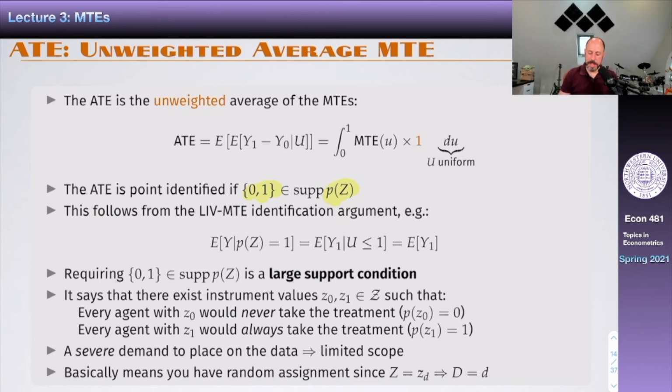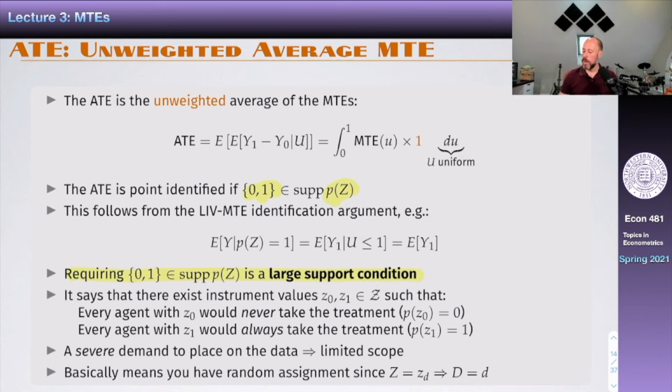The problem is that this requirement is what is called a large support condition, and often requires this instrument to be able to move the propensity score all the way from 0 to 1, which tends to be a strong requirement. And as I wrote here, it essentially means that there exist values of the instrument, Z0 and Z1 here, such that every agent with Z0 will never take the treatment, so the propensity score is 0, whereas every agent with Z1 will always take the treatment, so the propensity score at Z1 is 1.